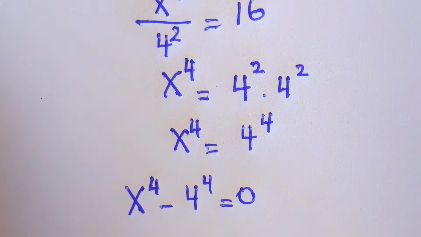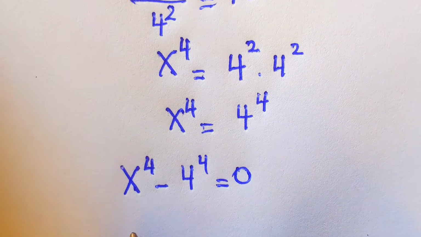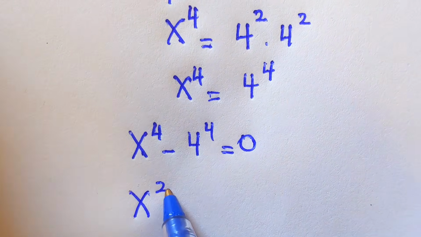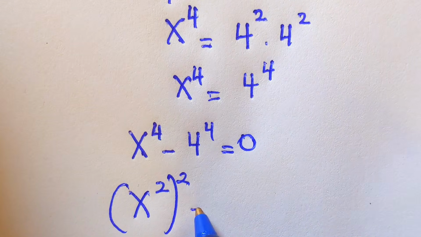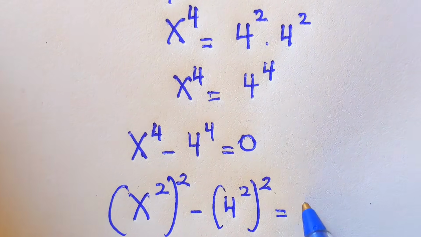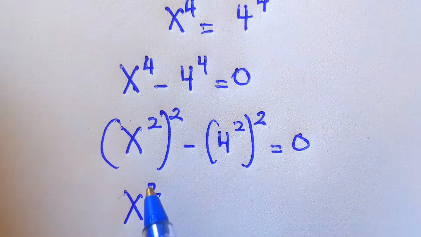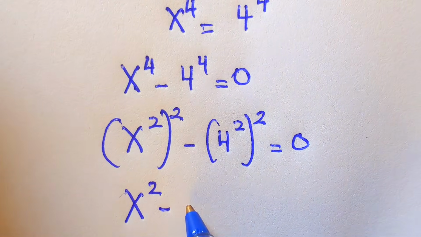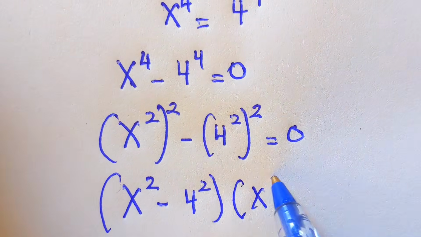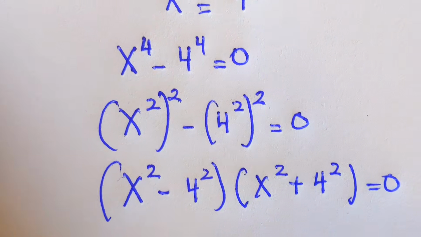So here we are supposed to find 4 values of x, right? So we can change them into a difference of 2 squares to get x squared, then squared again, minus 4 squared and squared again, which equals 0. This can be written as x squared minus 4 squared, times x squared plus 4 squared, equals 0.